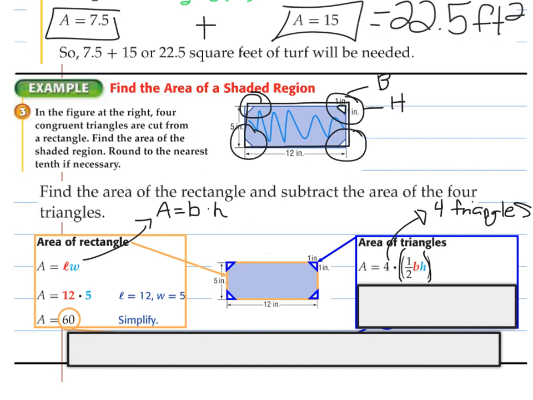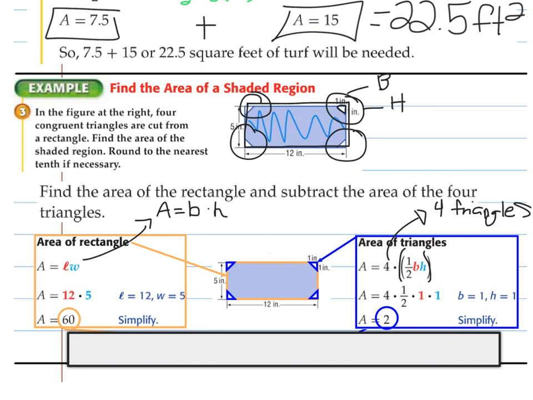So plugging that in, we get 4 times 1/2 times 1 times 1, which when we solve that, we get A equals 2. So the area of all 4 of those triangles is 2 inches squared.